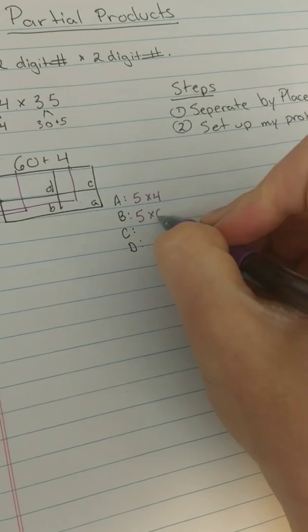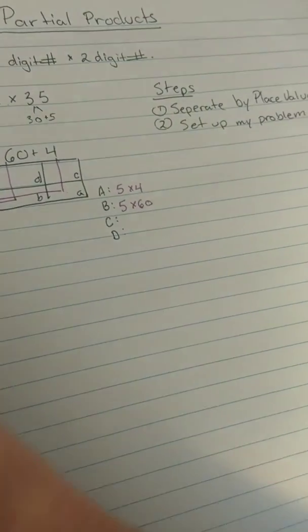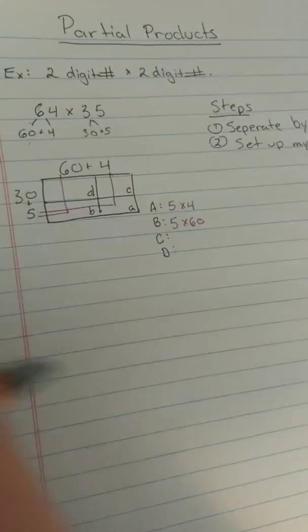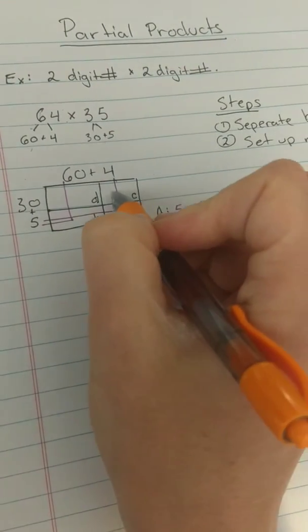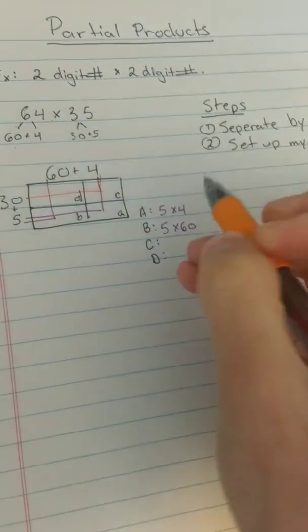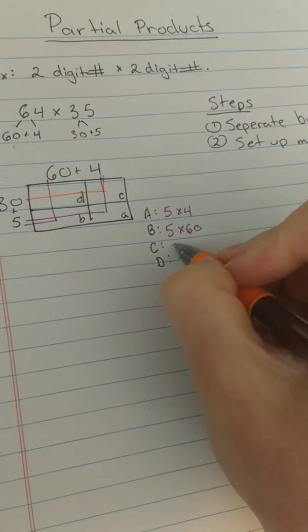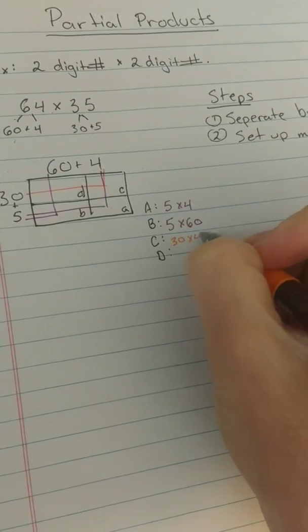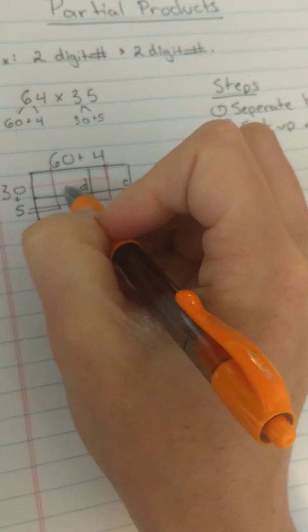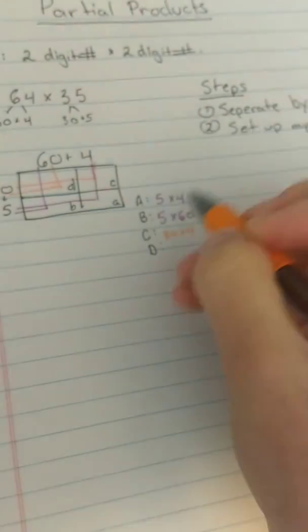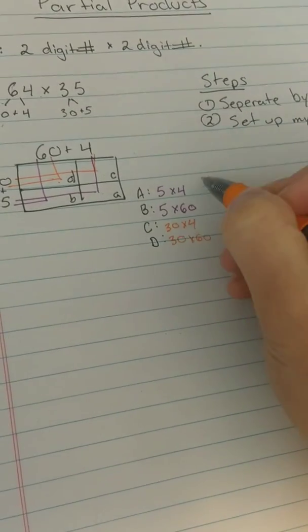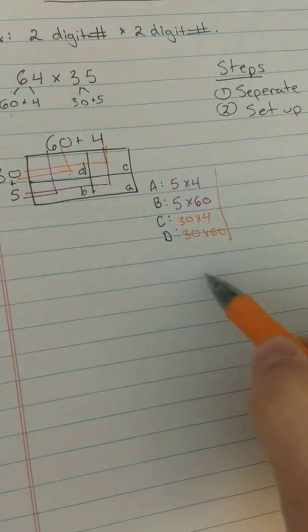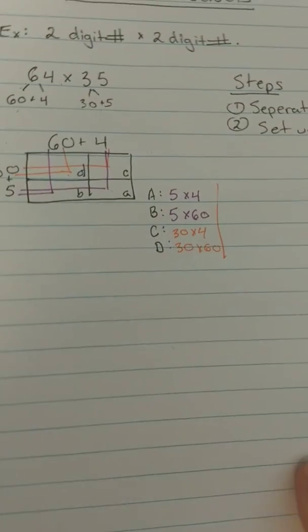If I move on to my 30 up here, where I hit my C, partial product C is worth my 30 and my 4. And D is worth my 30 and my 60. All of these are going to help me to get my solution.